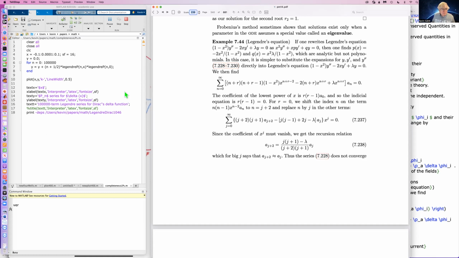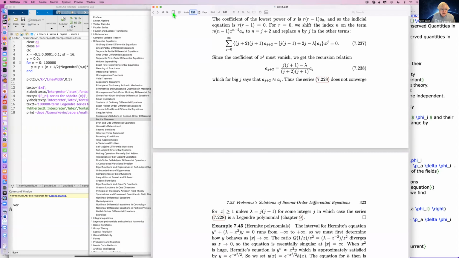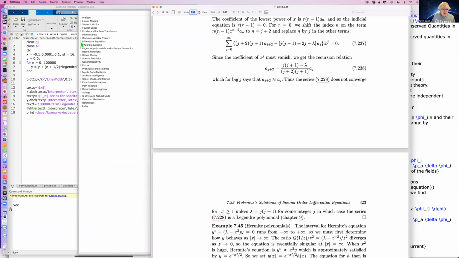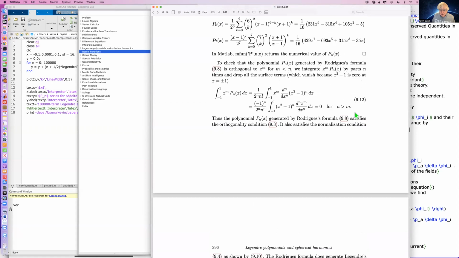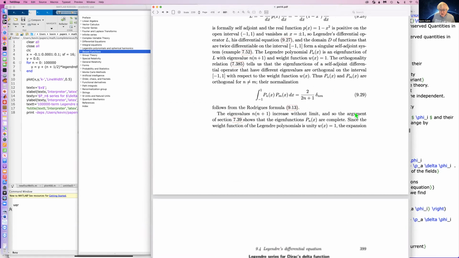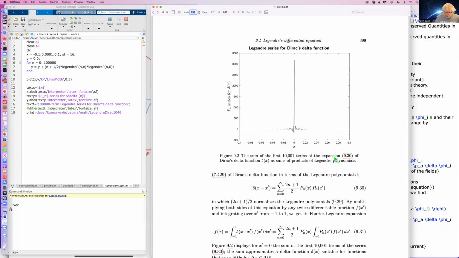In any event, this is the delta function program that generated this. Now, you see here, I'm saying this is the first 10,000 terms of the expansion. This is the delta function expression for delta of x minus x prime. And what I did was I set x prime equal to 0 in this thing.